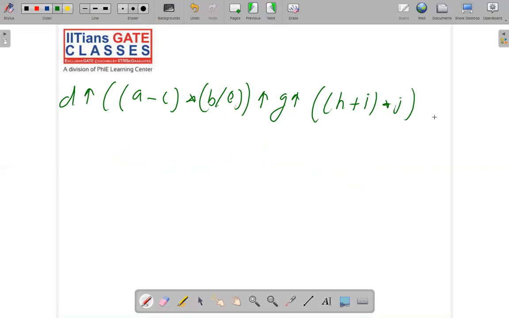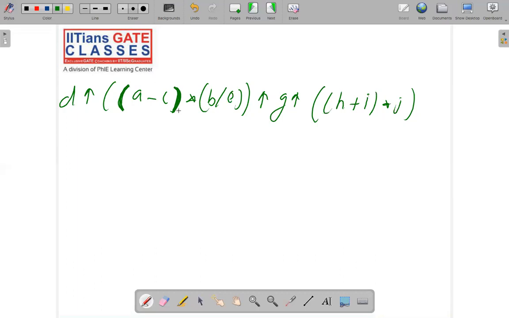So this is the case. The rule with the braces is you pop the brace only if you see this brace. So this is one of the rules with braces.